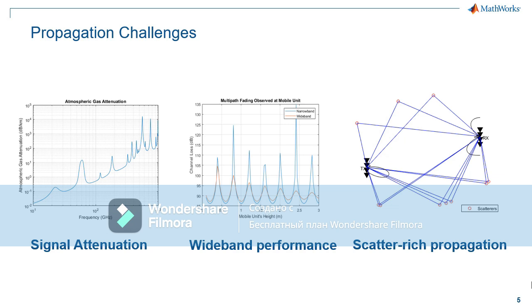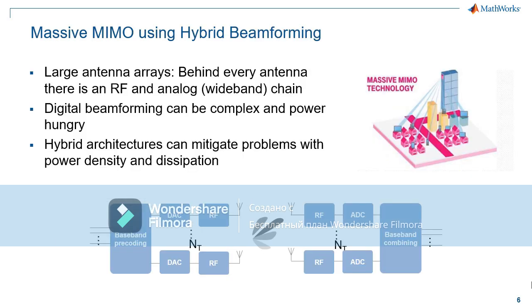And also you need a scatter-rich propagation environment in order to make these MIMO OFDM systems possible. And then you have to constantly update your channel characteristics and your channel models.